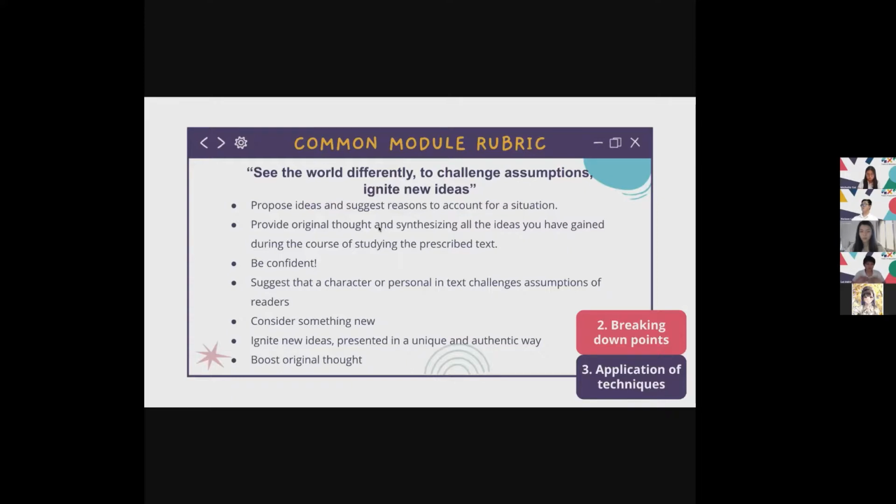What experience that you've had yourself as a person, does that challenge any ideas that have been presented in your text? So challenge the assumption that significant life difficulties cannot be overcome. Challenge assumptions that male or female characters must have a certain role in society. So these are all certain things that you might need to challenge.